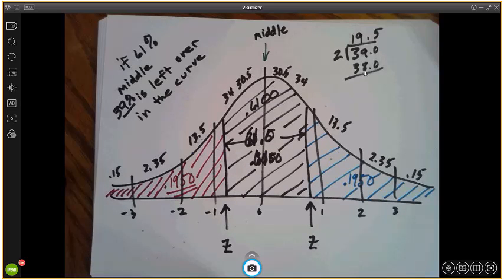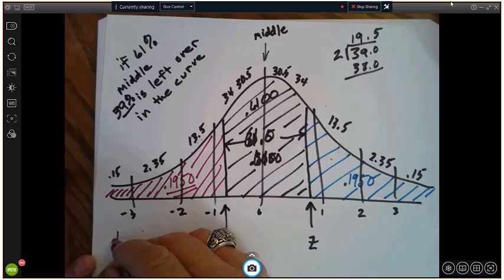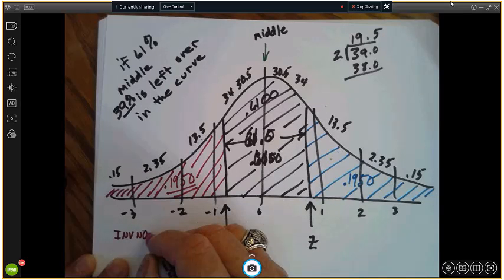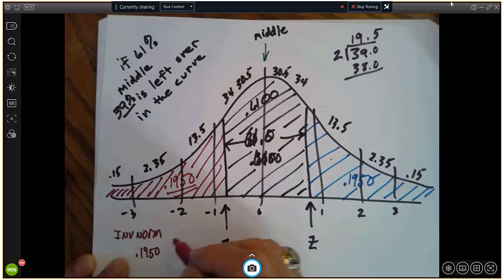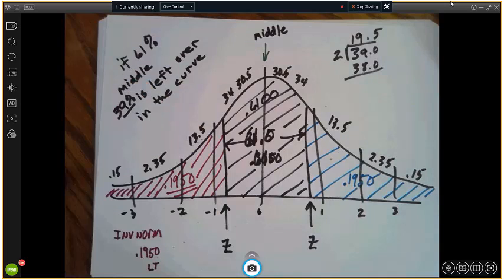Let's do inverse norm. Inverse norm gives us the z-score. So inverse norm 0.1950, and this is left tail because this is the left side. So let's go to our handy dandy calculator.